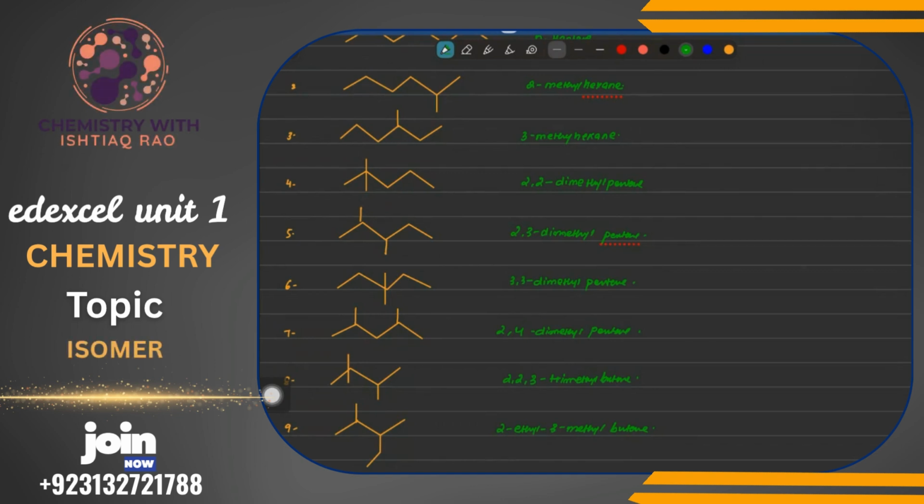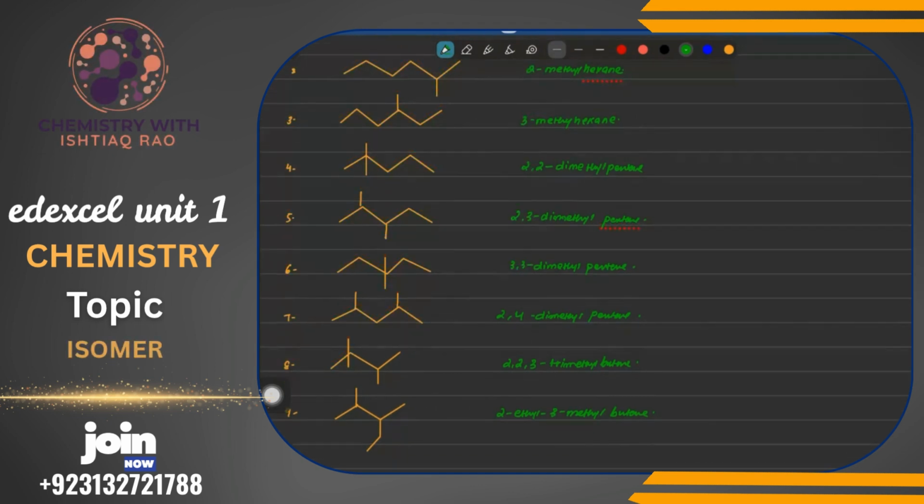Then we have to discuss the structural isomers of alkene as well. As I told you at that time, there are three types of structural isomer. Number one, chain. Number two, positional isomer. And number three, functional group isomer.